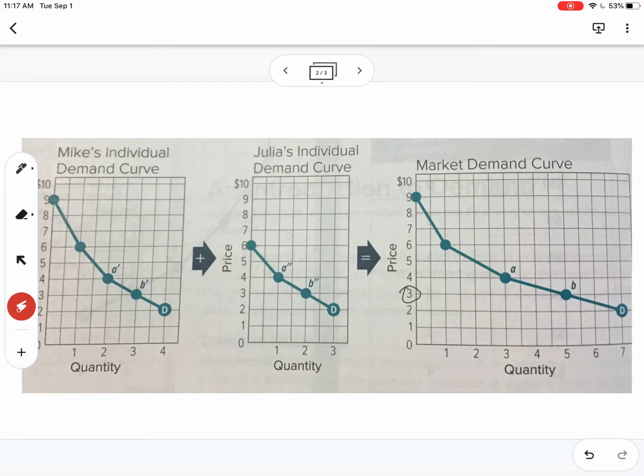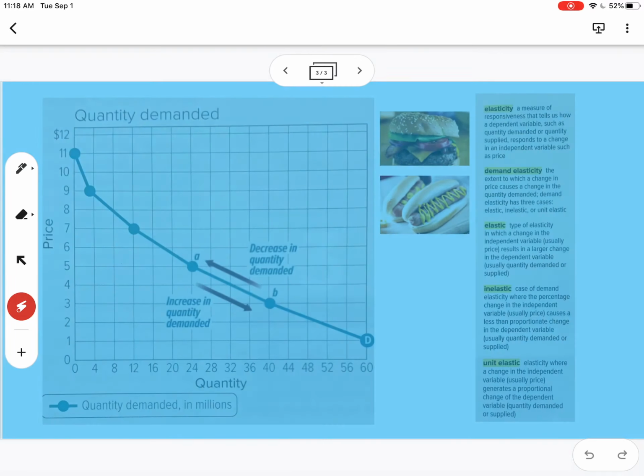If you sell a hot dog for $2, it doesn't matter how many hot dogs you sell, you're always taking a loss on your profit. So you're always losing $1 because you're selling it for $2. It costs you $3. Eventually, if you keep this up, you're going to go out of business. So you have to keep that in mind with the market demand curves. All right.